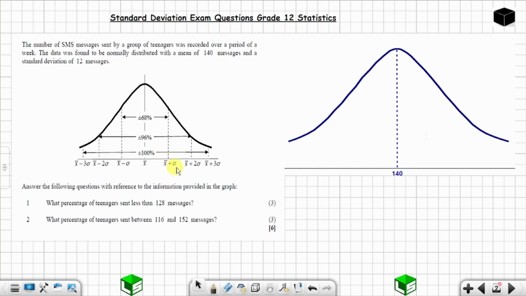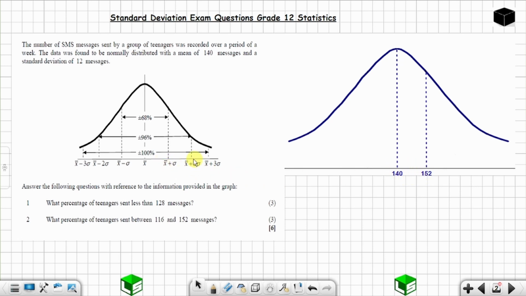So this is 140 plus 12, you are going to have 152. This is one standard deviation to the right of the mean.